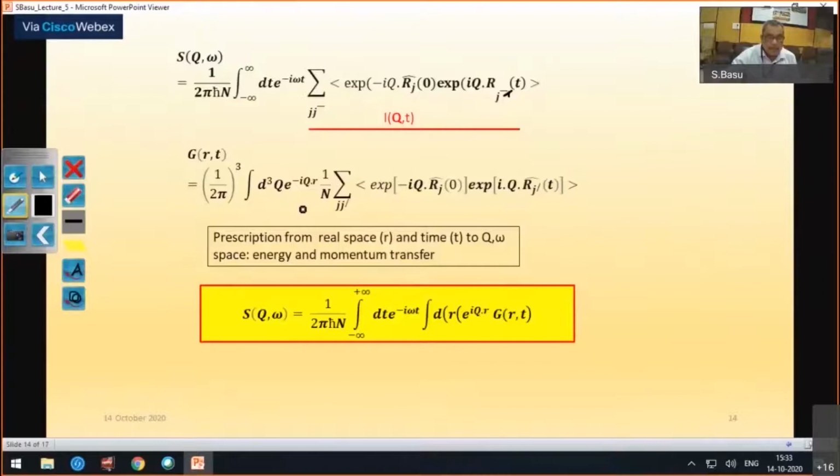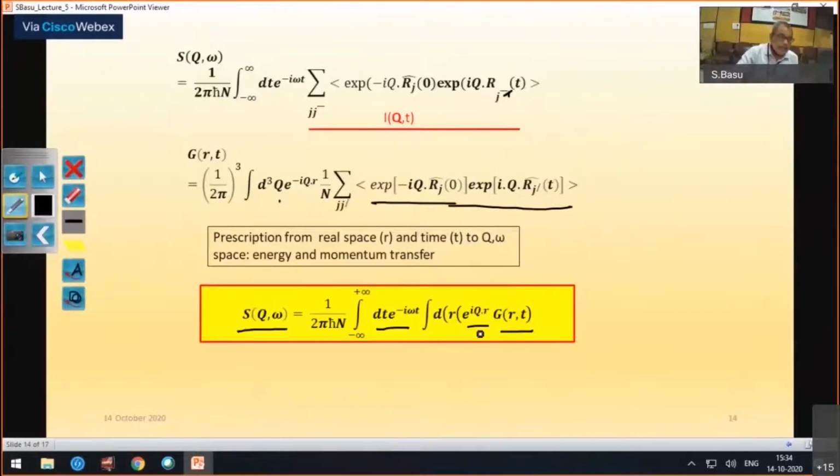I'm going from q space to r space, integrating over q of this value. Now, what is this quantity? Because now I can write down my scattering law S of q omega as a double Fourier transform of a quantity g of rt.